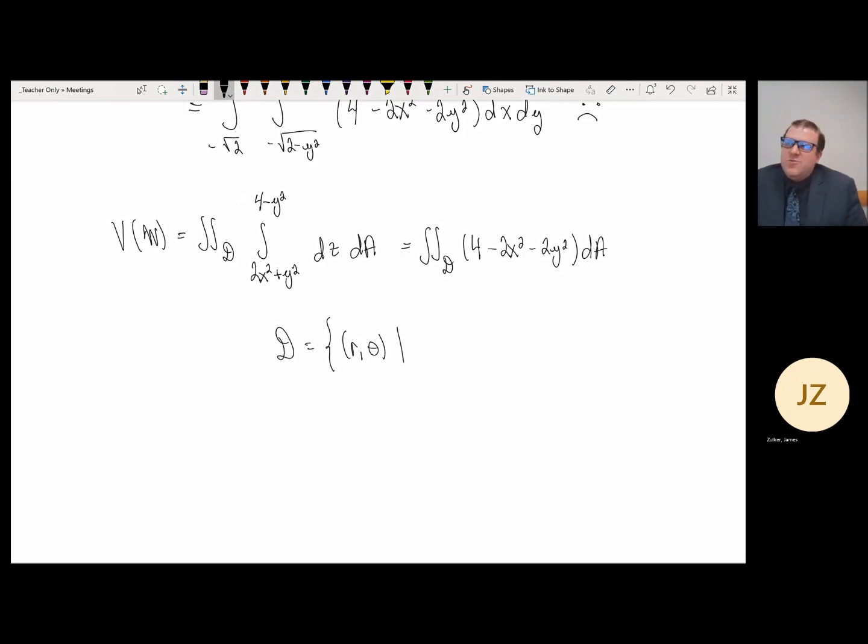It's a circle of radius √2. The radius here, the... Now, what about theta?